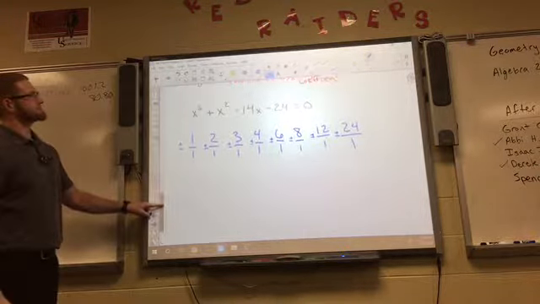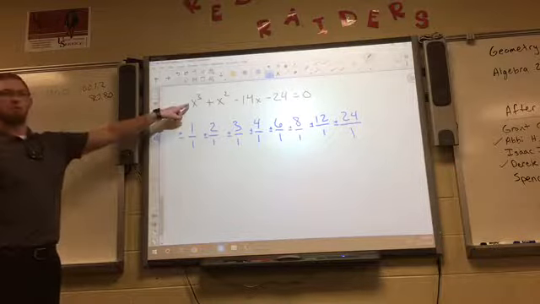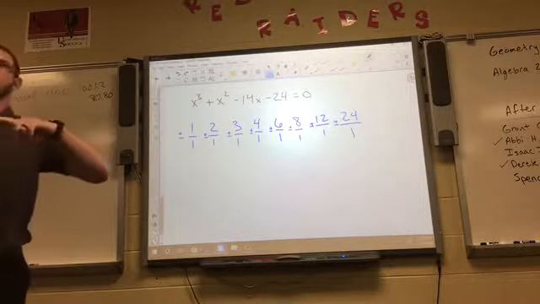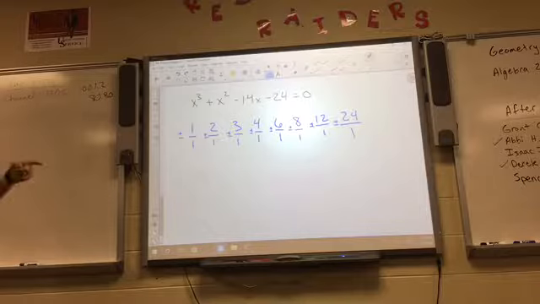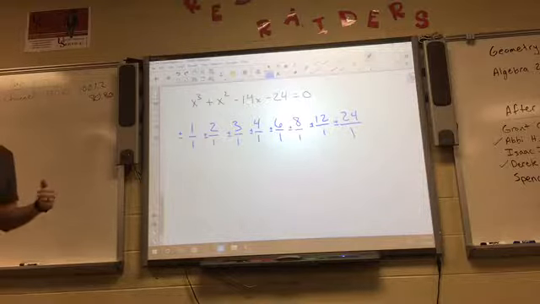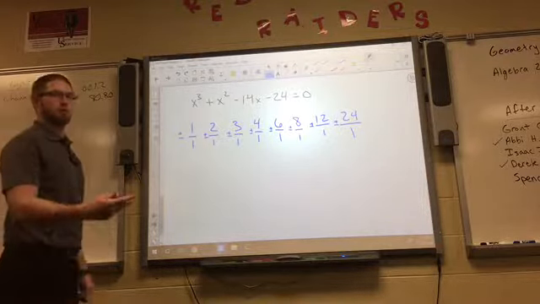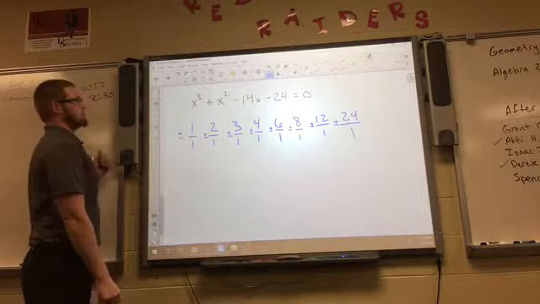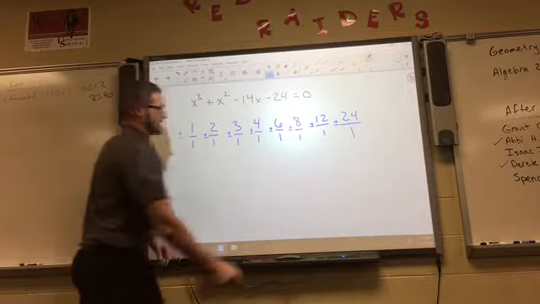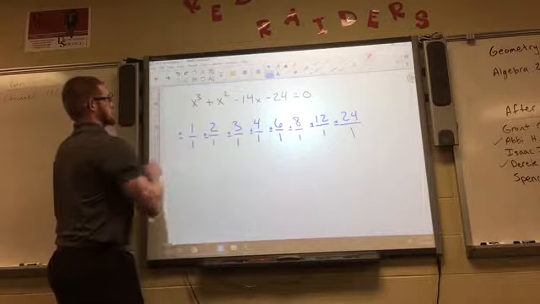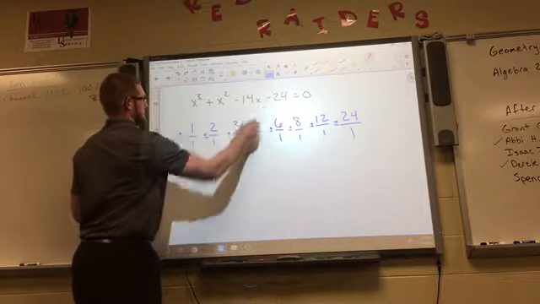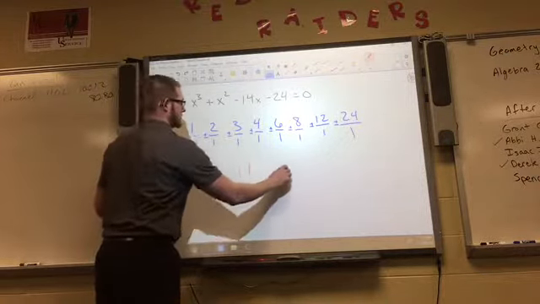Currently the leading coefficient is 1. Your very last problem on what you can do tonight does have a 2. They're just throwing it at you to see if you're ready for the next step. Anyways, we'll worry about that later. Now let's set this up in synthetic division. So I have a 1, 1, negative 14, negative 24.